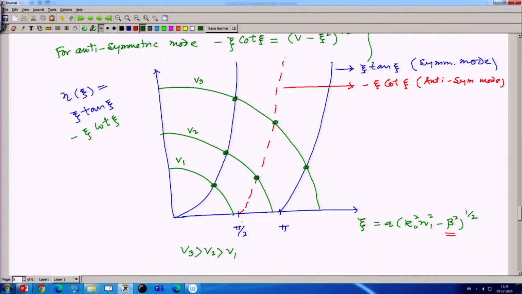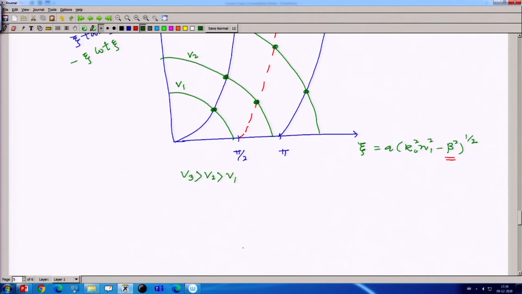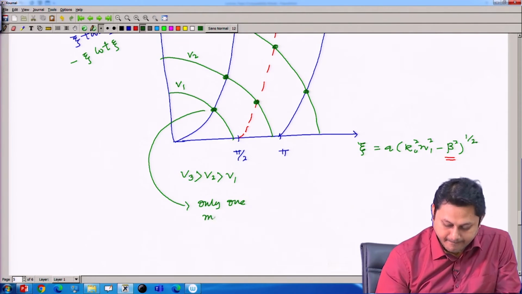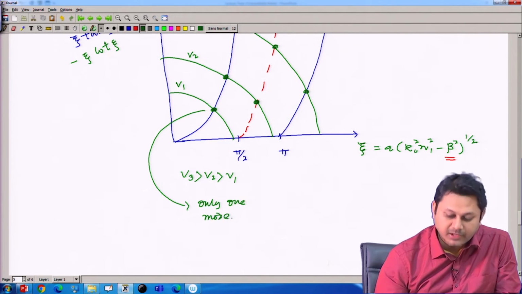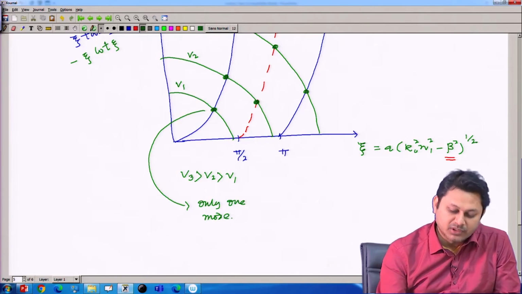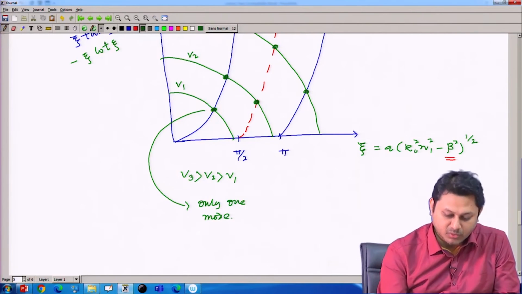Every time when I have a V1, which is the lowest value of V, I have only one solution and only one mode is there. So, for this case I have only one mode. For this value the waveguide is supporting only one mode, because only one solution is there.